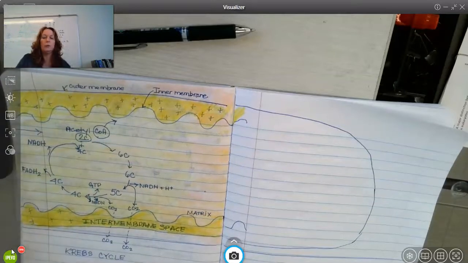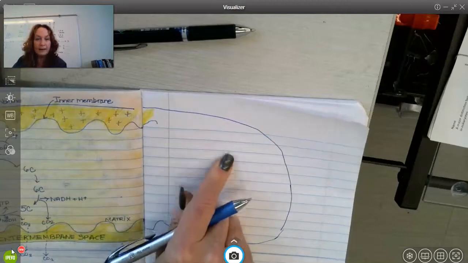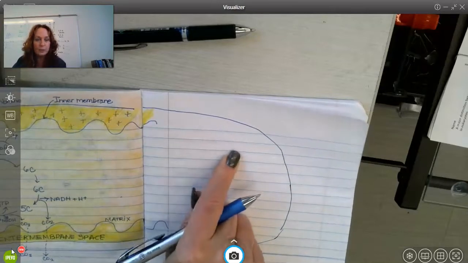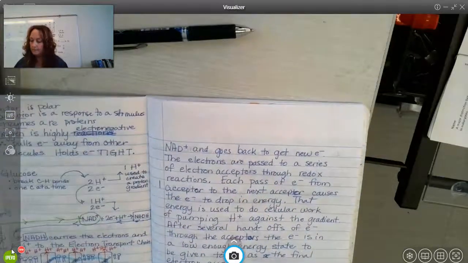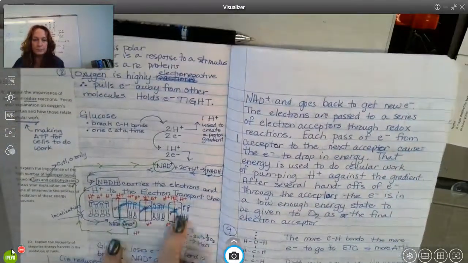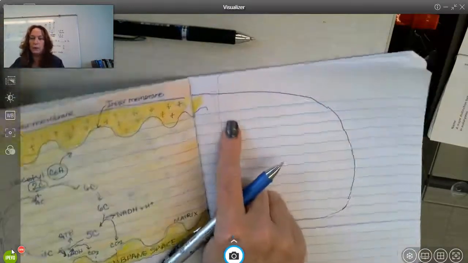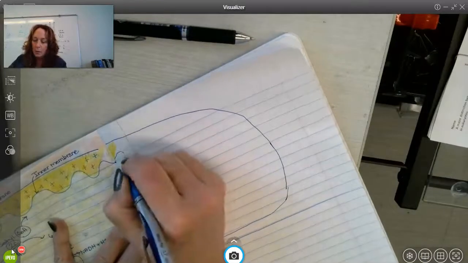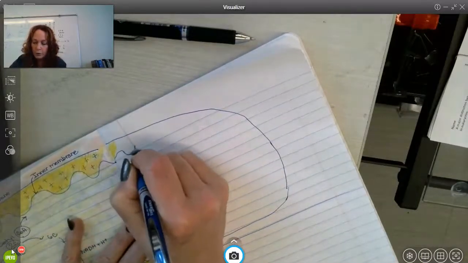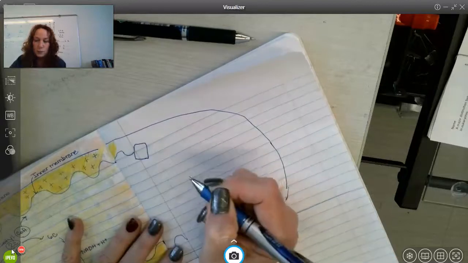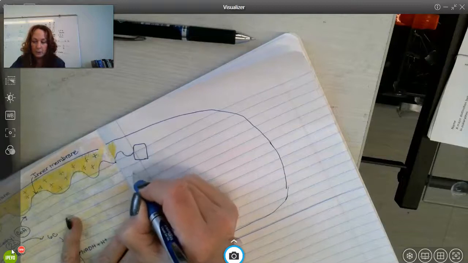So we're going to now come over here and draw that factory, the electron transport chain that we drew in isolation there. We're going to put that in the membrane over here. So I'm going to put in the first protein that we had talked about, where this is the parking space right down here.